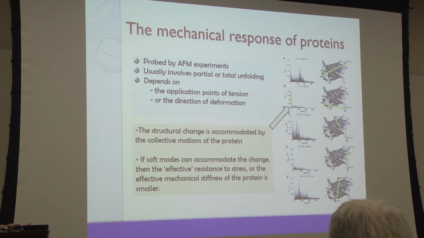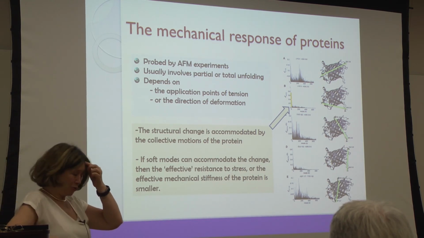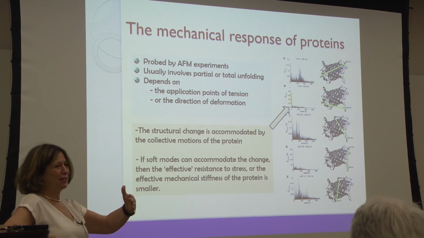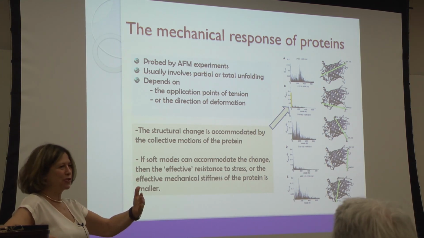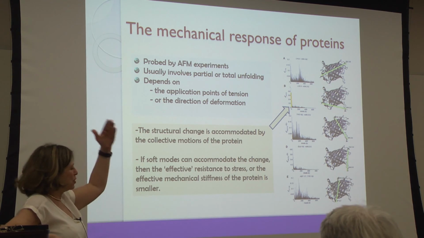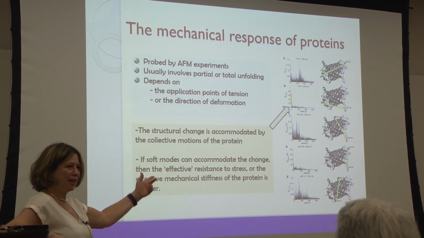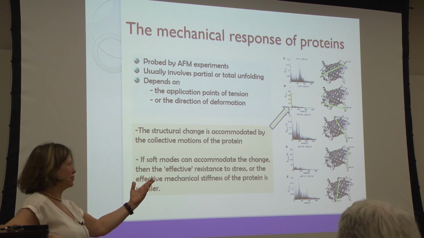Each mode has itself a certain frequency, as you know. So by evaluating this type of distributions, you could calculate an effective force constant for this deformation. Remember, the eigenvalue or the frequency of each mode is the force constant for that mode. So if you have a distribution of modes with different weights, you can calculate the average effective force constant.